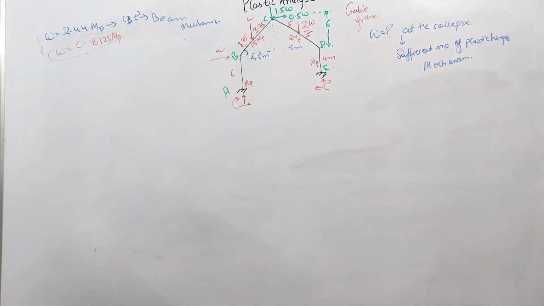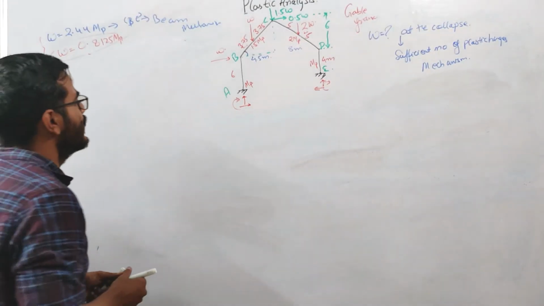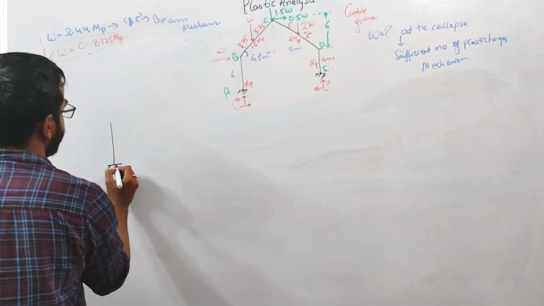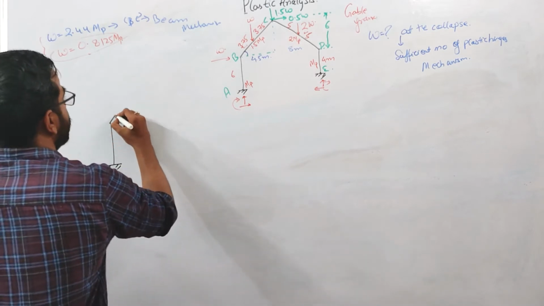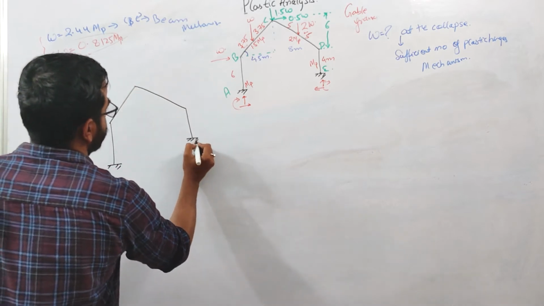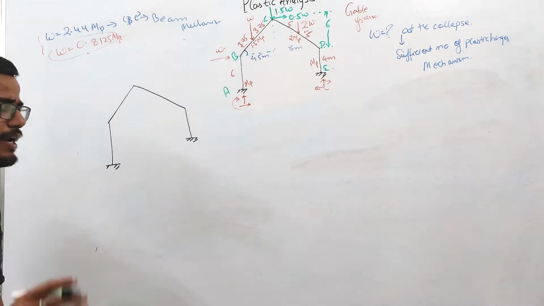Okay. So next we are dealing with the sway mechanism, collapse load when there is sway mechanism in this Gable frame. Okay. So this is our Gable frame.